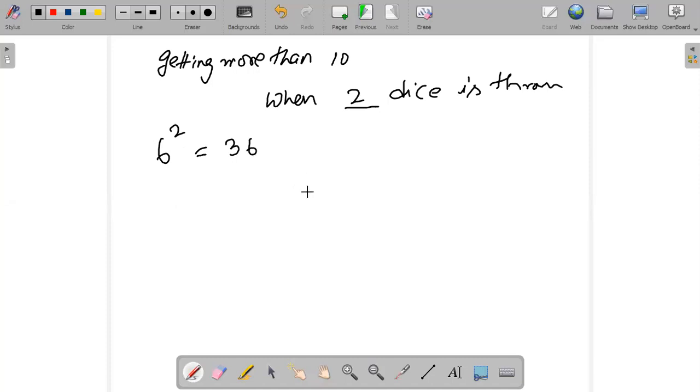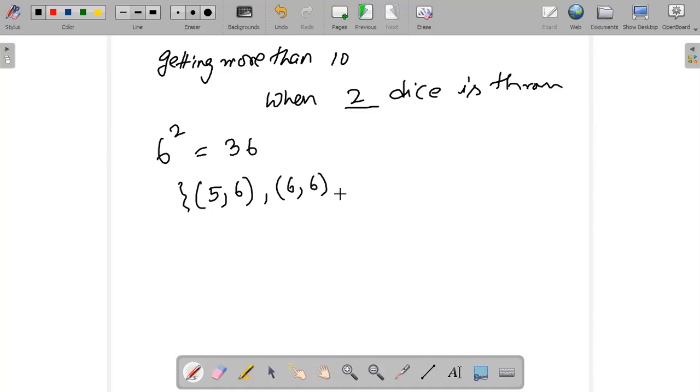Now our question is more than 10. So what are the favorable ones of getting more than 10? How can it be more than 10? 5 comma 6, correct? 6 comma 6.